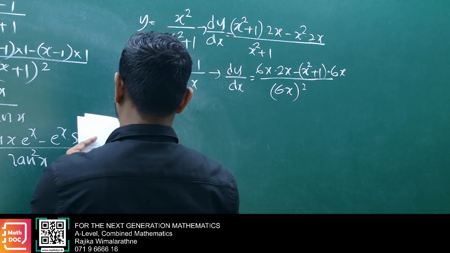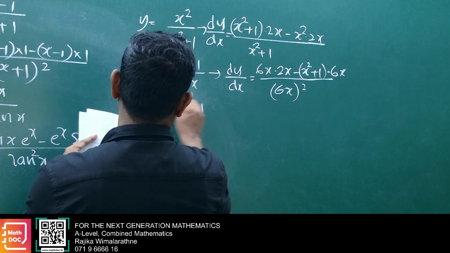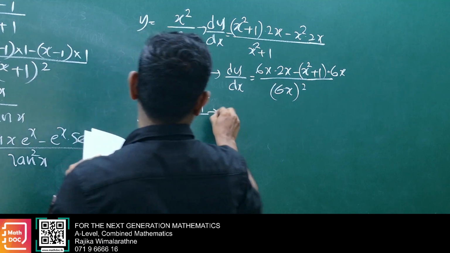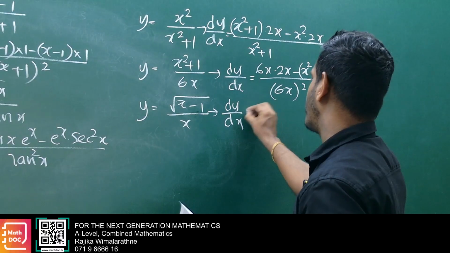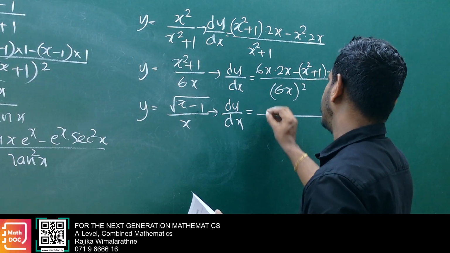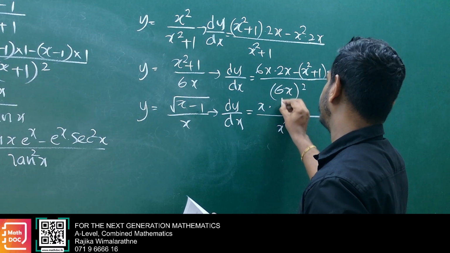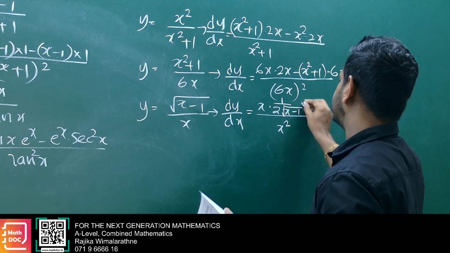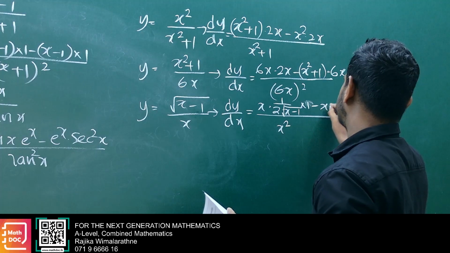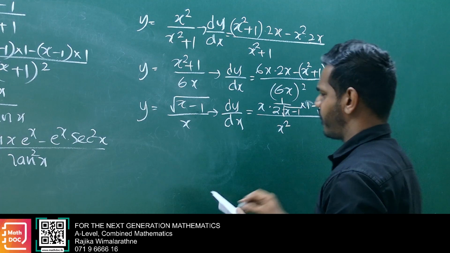Then y equals x minus 1 over root of x, then dy by dx, denominator square, denominator times derivative of numerator minus numerator times derivative of denominator.